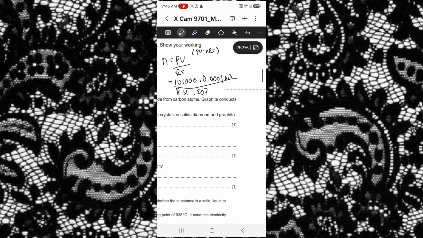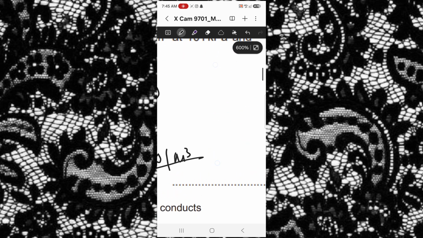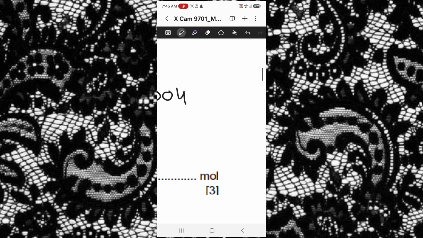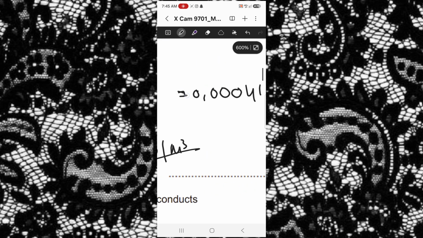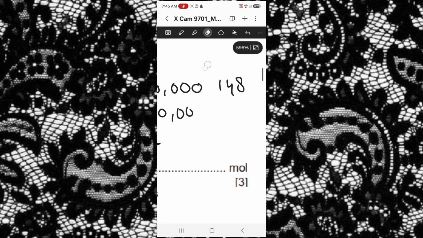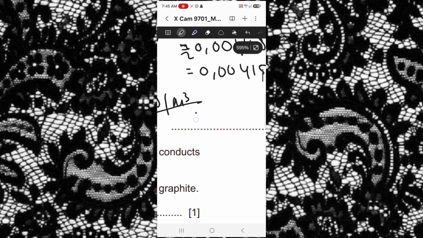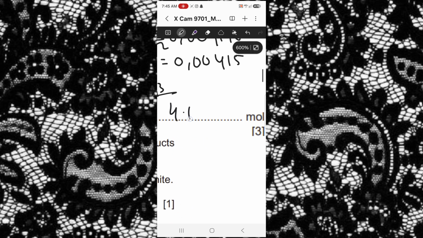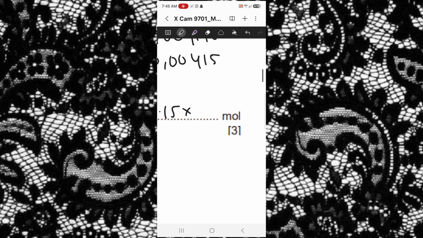So we just calculate. So the answer based on the calculation is 0.00414845. So the answer is 4.50 times 10 to the minus 3.